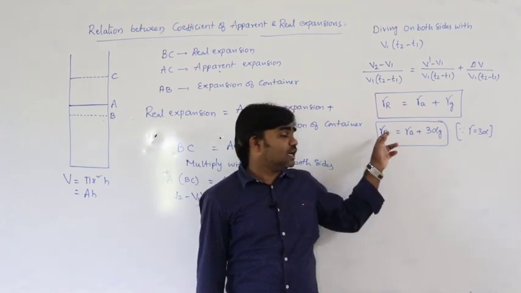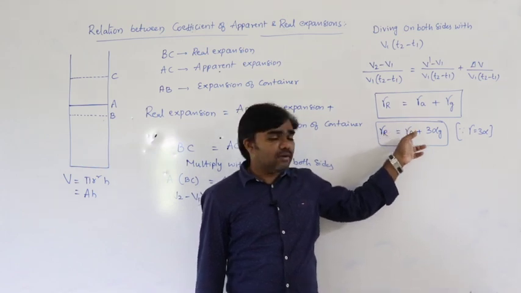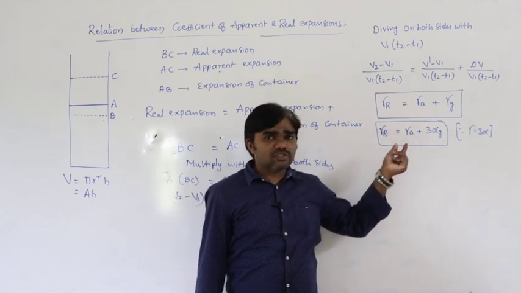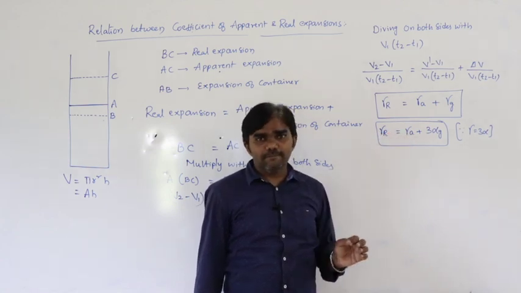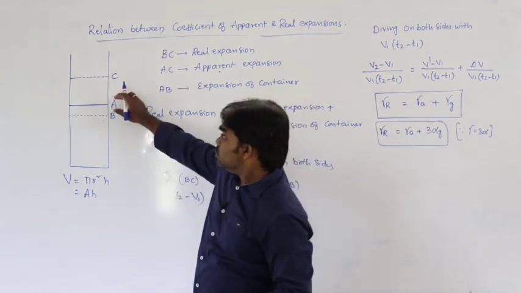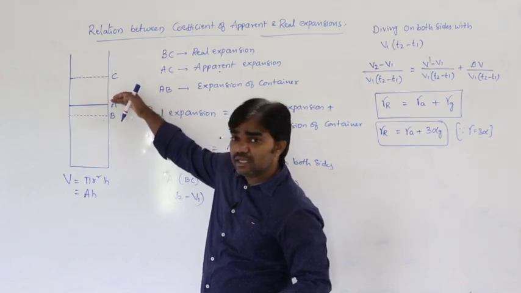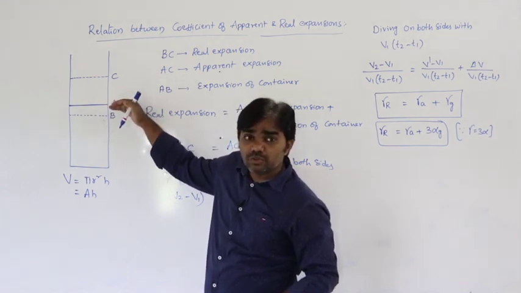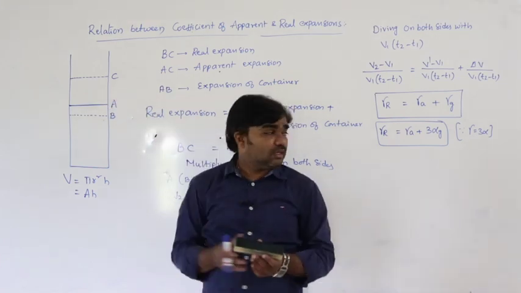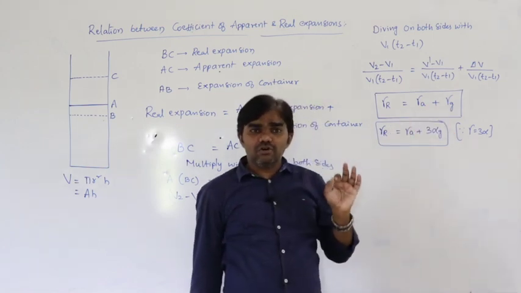So that's why it is not possible to write gamma R equal to 3 alpha R or gamma A equal to 3 alpha A. Here gamma R and gamma A belong completely to the liquid, but gamma G belongs to expansion of the container. Due to the expansion of the container only, initially the liquid level falls down. Container means it is solid.